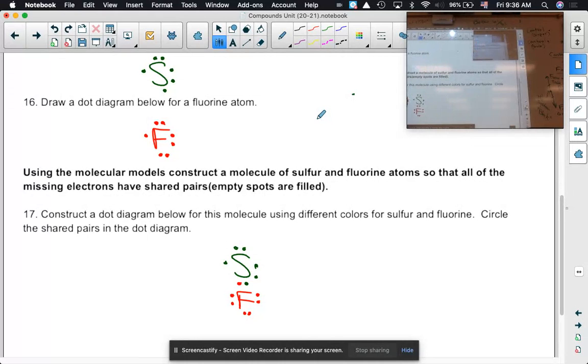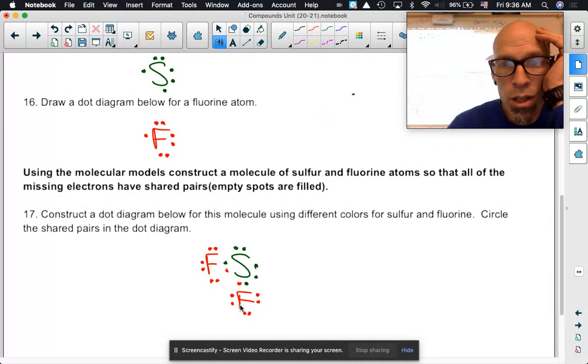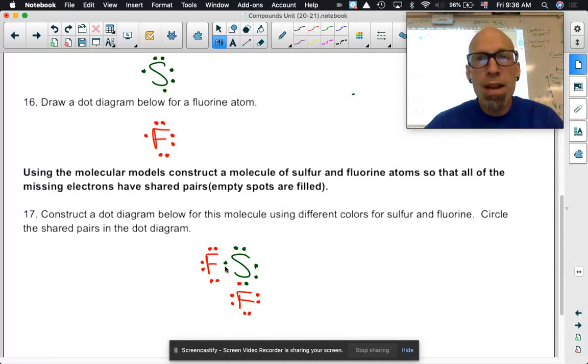And then we have another fluorine over here where we have 1, 2, 3, 4, 5, 6, 7. Now, if you'll notice, this fluorine has 2, 4, 6, 8 around it. This fluorine has 2, 4, 6, 8 around it. Sulfur now has 2, 4, 6, 8 around it. Everybody's happy. Everybody has an octet.